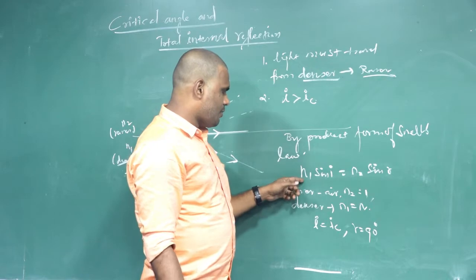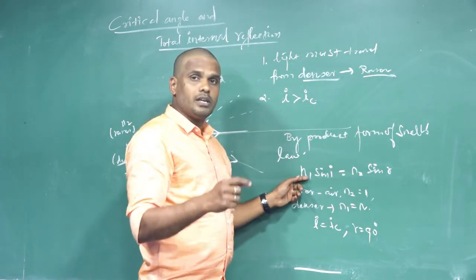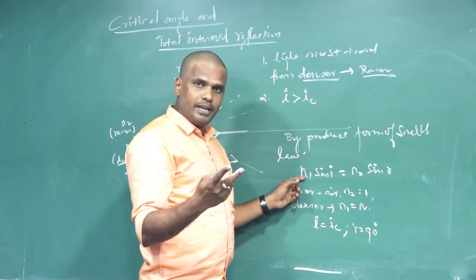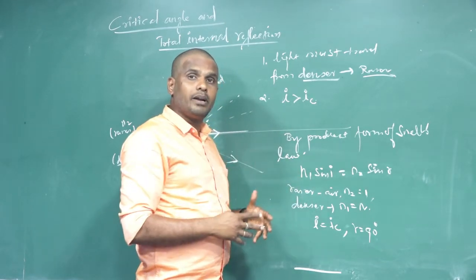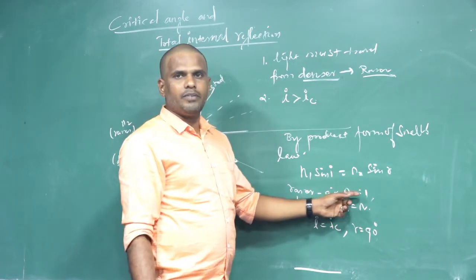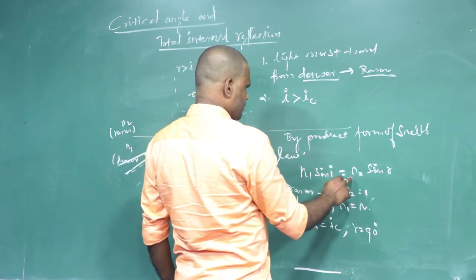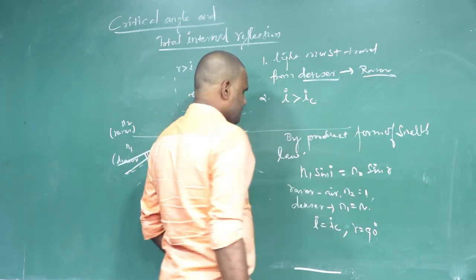So, in the product form of Snell's law, N1 sin I is equal to N2 sin R. I am assuming the second medium to be a rarer medium, which is air. For air, refractive index is 1, so I have taken N2 as 1.